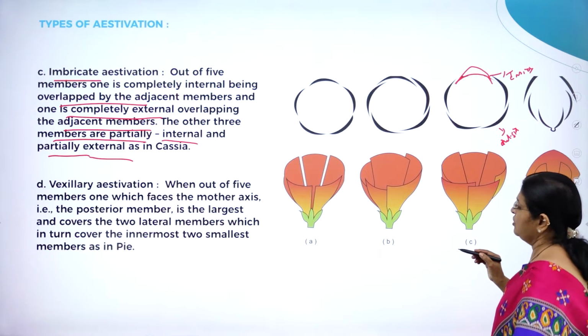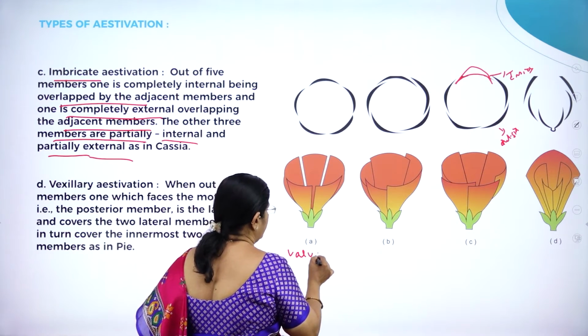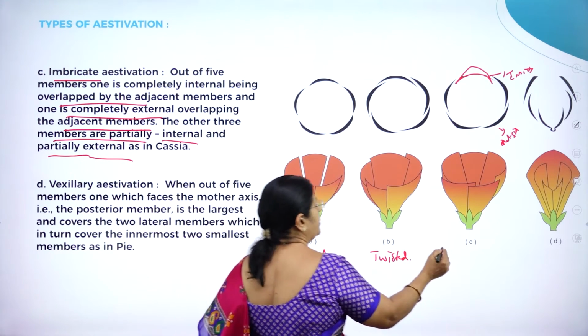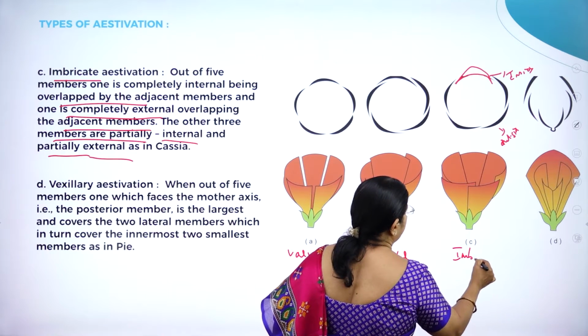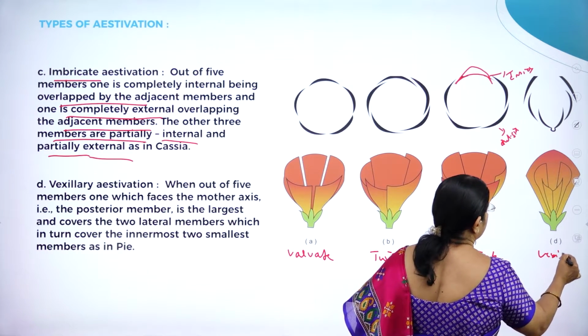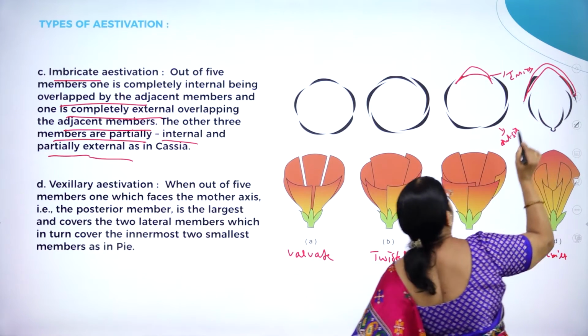So this is called what? As I said, this is valvate, this is twisted, this is imbricate, and this is vexillary. Here you can see the vexillary like this.